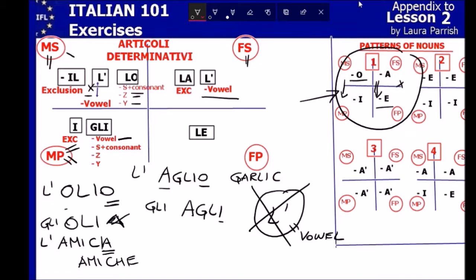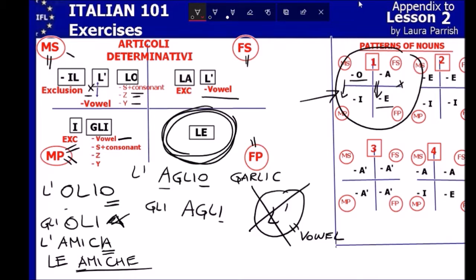Here is something that I'll tell you later. Amiche, okay? So now that you know it is feminine plural, you go here. Feminine plural is le. Every time a noun is feminine plural, it's going to be le. It doesn't matter if it starts with a vowel or whatever. In fact, trust this. You have only one, so it can be only le.